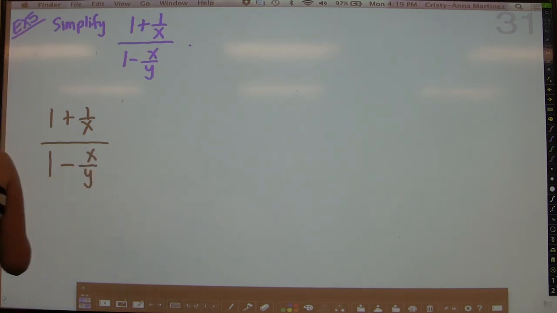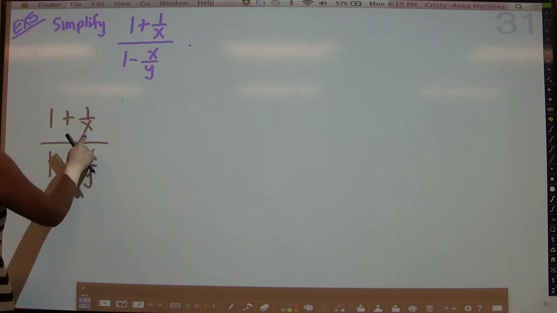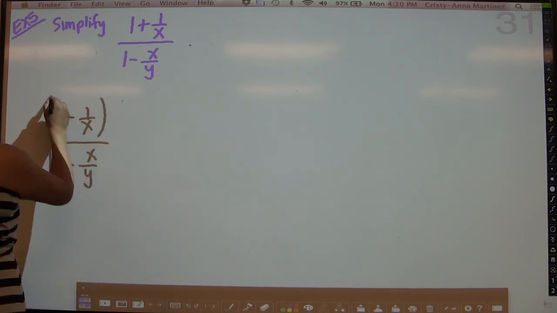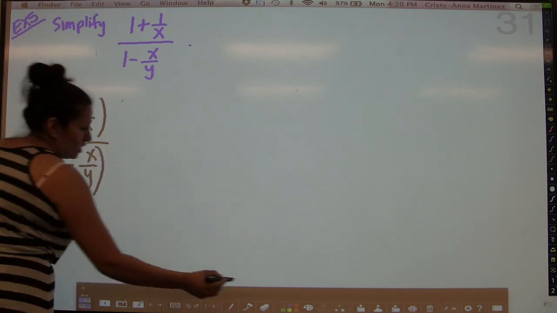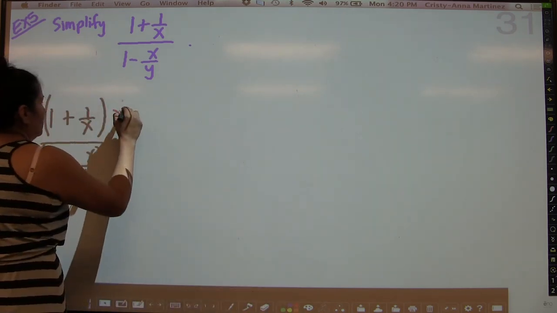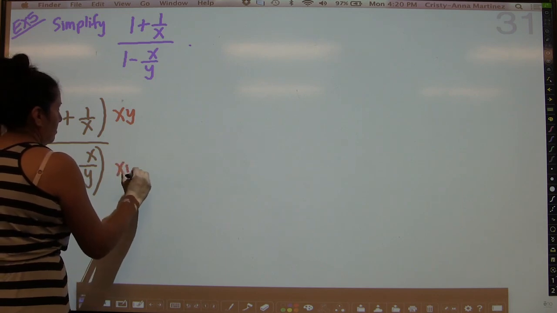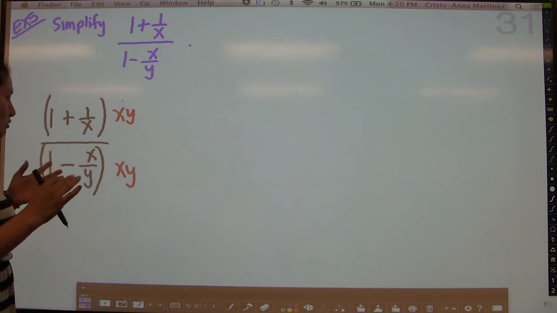And this time, instead of combining each fraction individually by multiplying by x on the top and by y on the bottom, I'm going to multiply top and bottom by the combination of the two denominators, which is x times y. So what if I took the denominator here x and the denominator here y and multiplied both fractions by xy instead of just individually by x or by y?